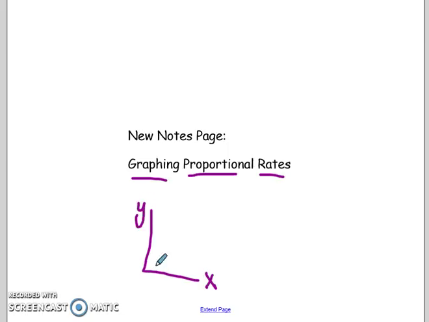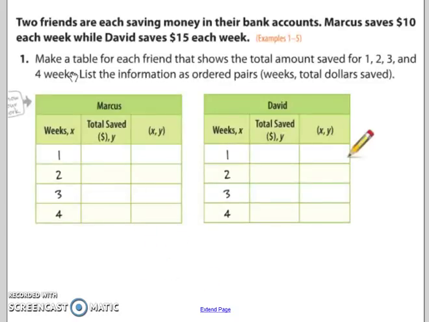You're going to be plotting points using your proportional rates to make lines. Before we can get all the way to making a graph, we're going to need to start by making our tables.